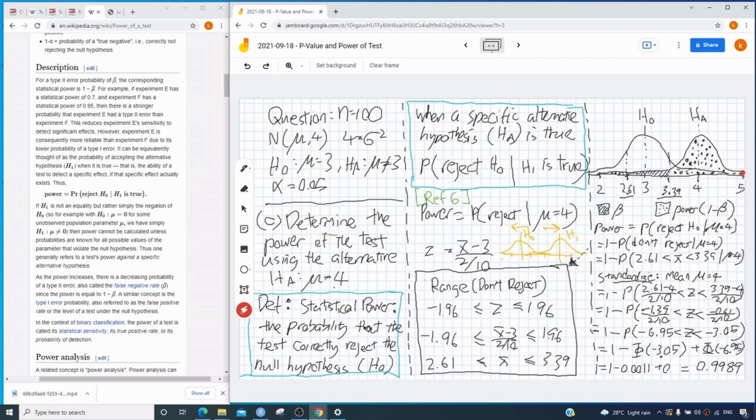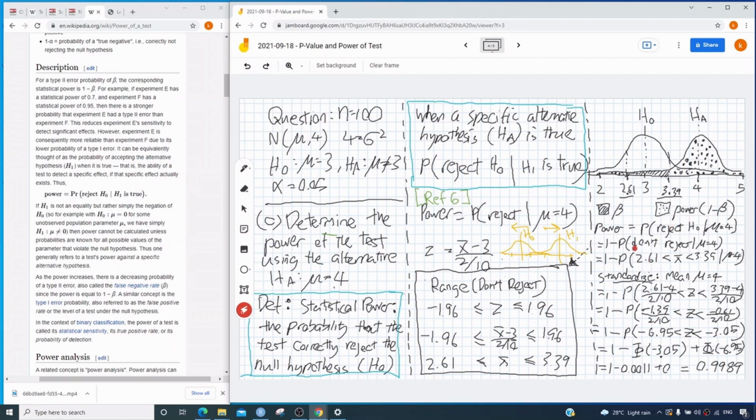Given that H1 is true, we are calculating the part with the dots, the area under the curve illustrated with dots. The shaded region here is the type 2 error, the beta. And power is 1 minus beta.